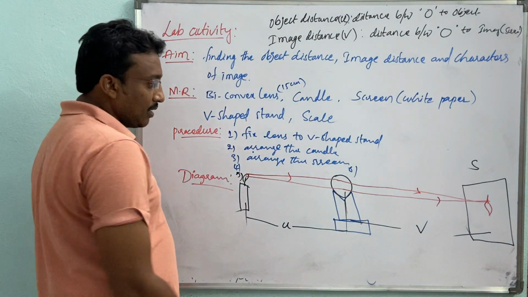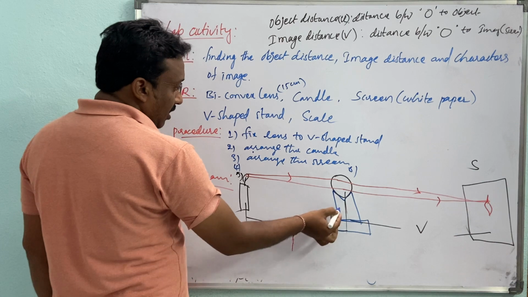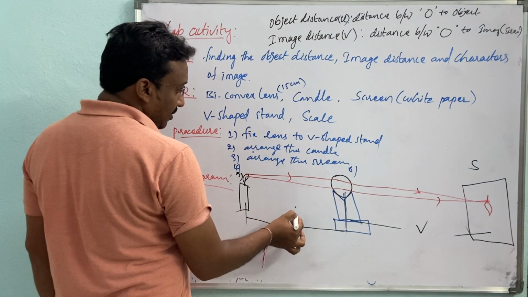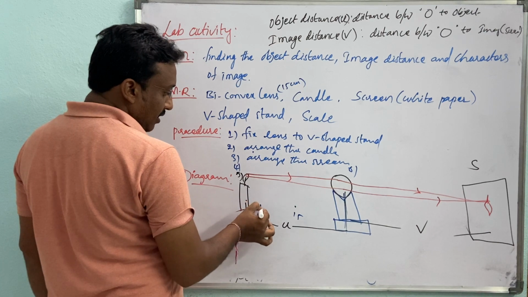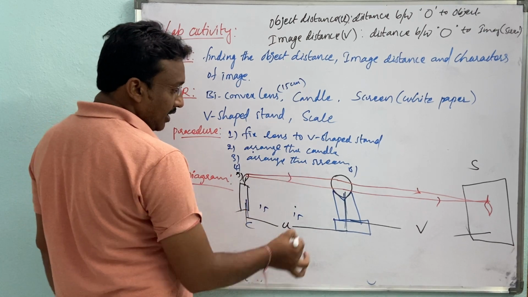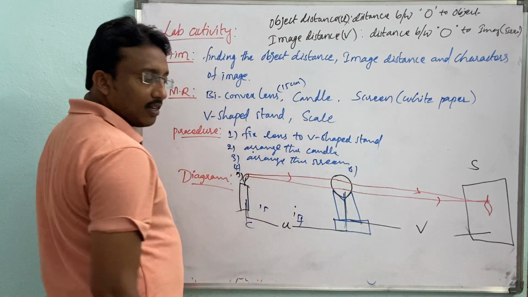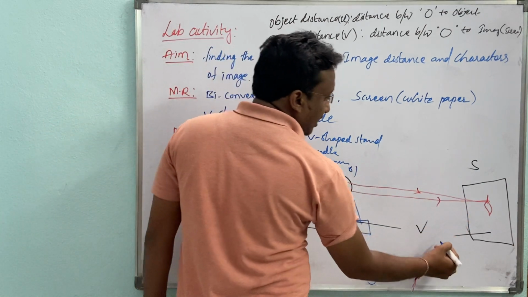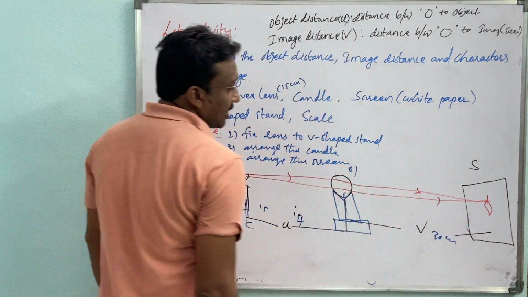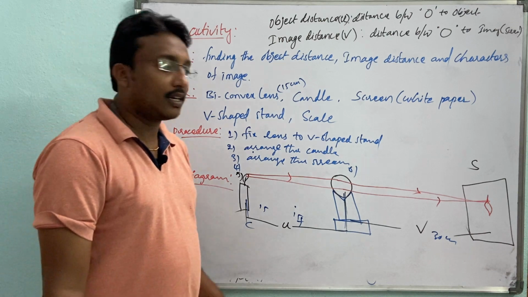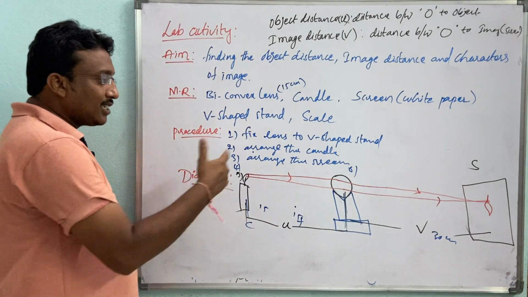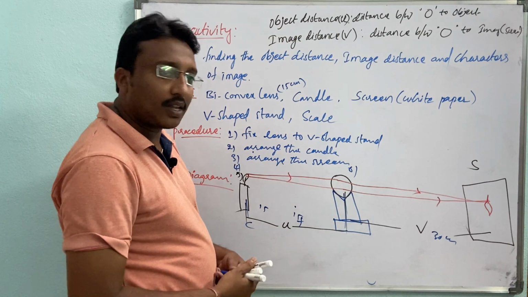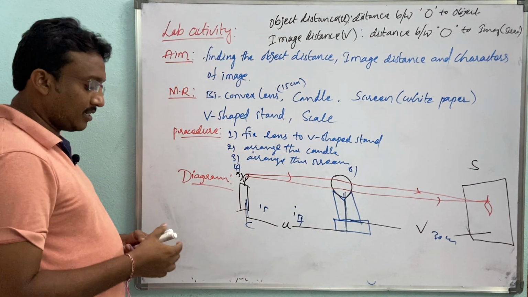Then, for example, the object is 15 centimeters from here, and from here to here another 15. So this becomes the center of curvature, and this becomes the focus. Obviously, on this side we will also get a 30 centimeter distance, because we arranged the object at the center of curvature. Like that, do the sixth point, repeat the activity with different distances.